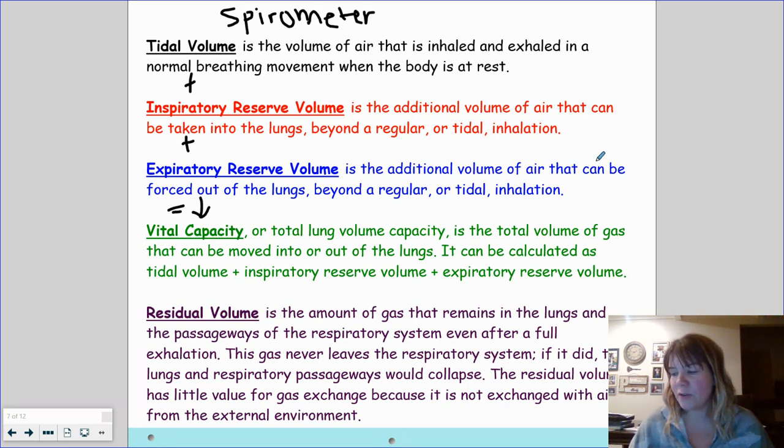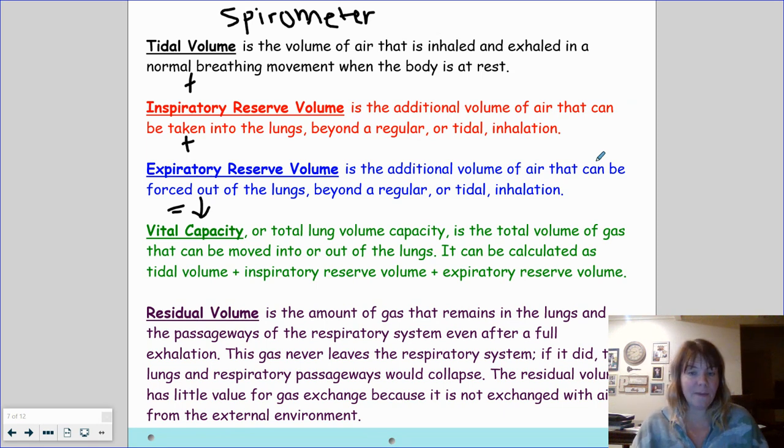Now, the last thing here is what we would call the residual volume. It's the amount of gas that remains in your lungs even when you think you've blown out as much air as you can. So that idea that you've knocked the air out of you, that full exhalation, you feel like you can't go anymore, but the truth is your lungs still have air in them.